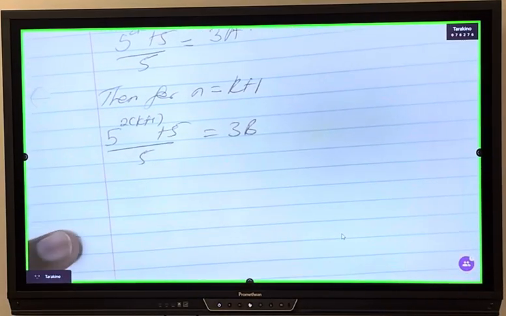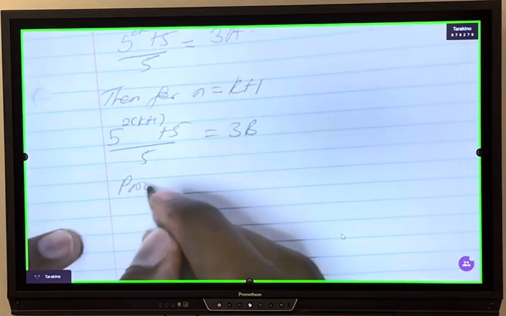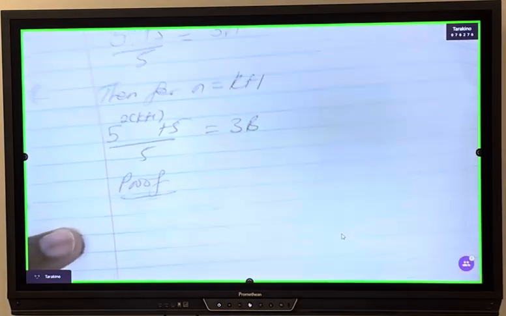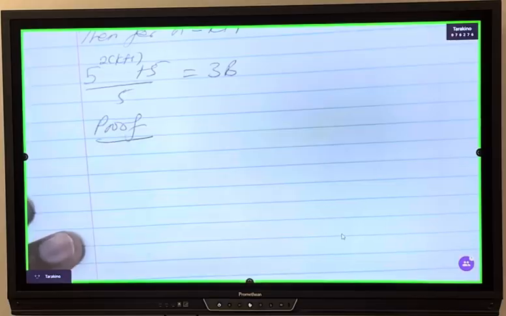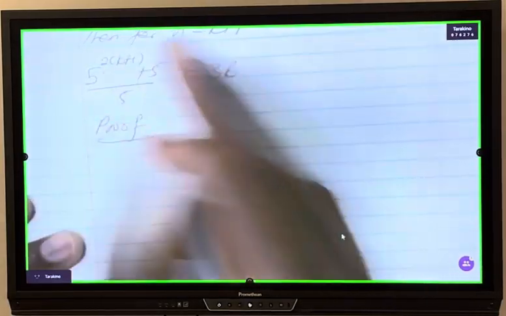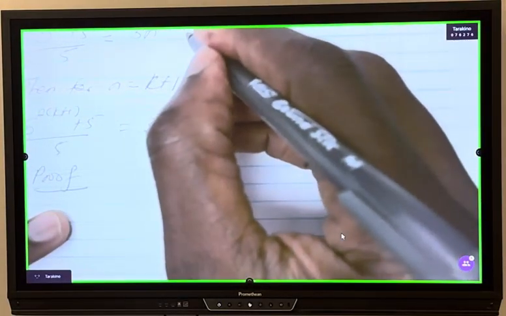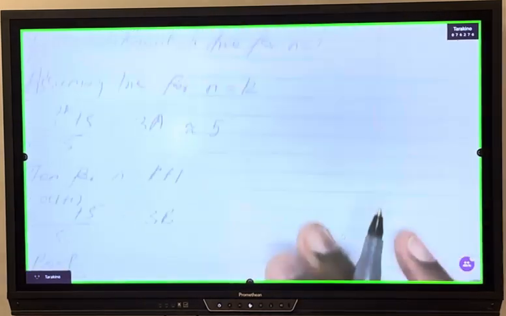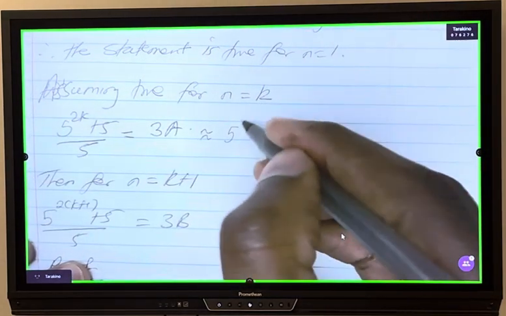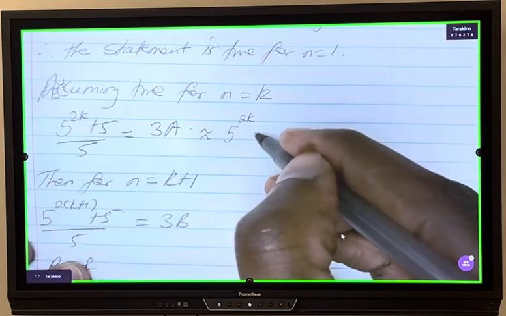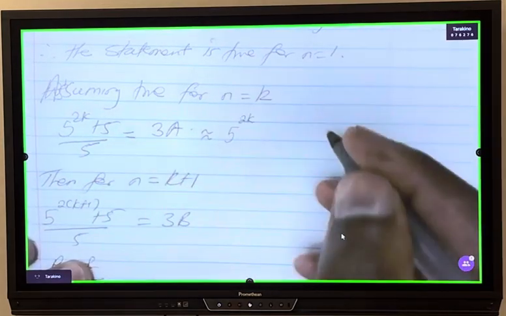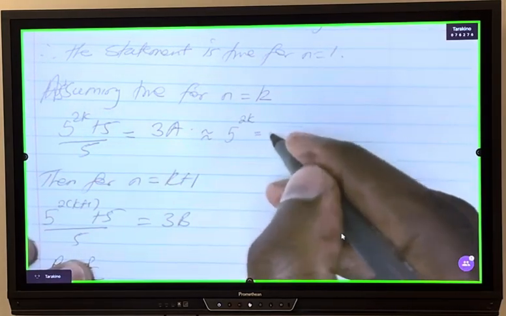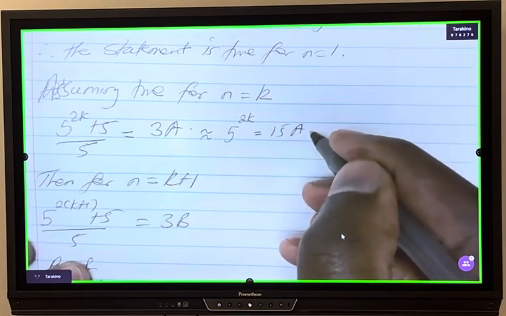Right. So after this, we are going to move on to the proof stage. On the proof stage, you can also say 5 to the 2k from the assumption. If you multiply both sides by 5, I'll get 15a, so 5 to the 2k is equal to 15a minus 5.